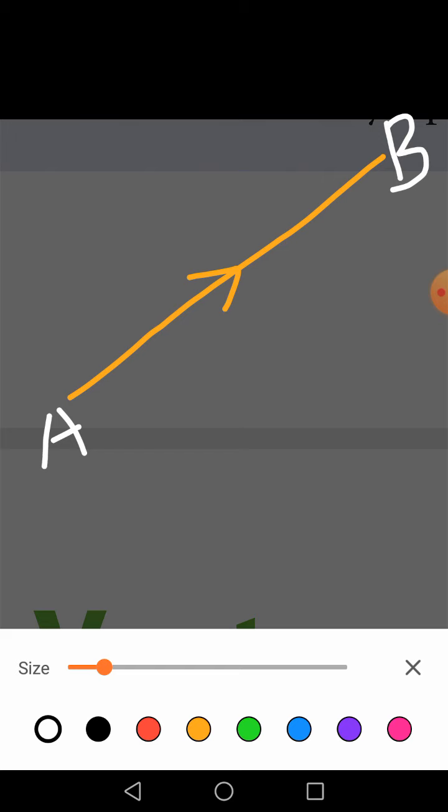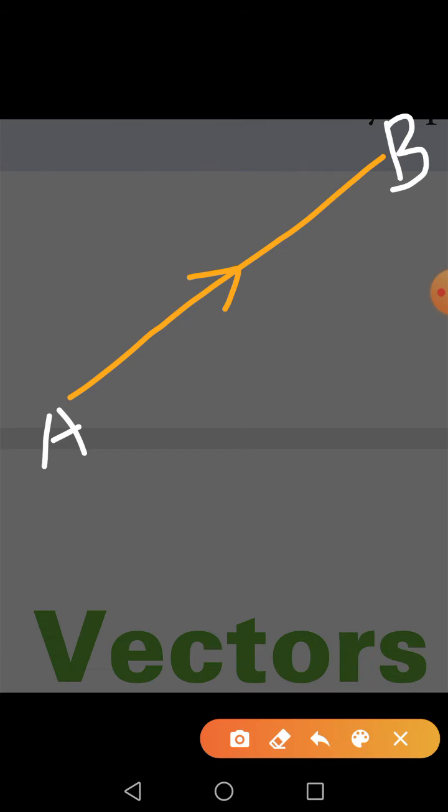All right. So, if you are going from A to B, then you have to move stepwise. Okay. And if you want that each of your steps should have a value of 1 unit, then you have to find a unit vector.